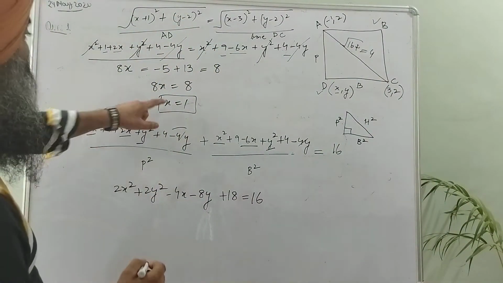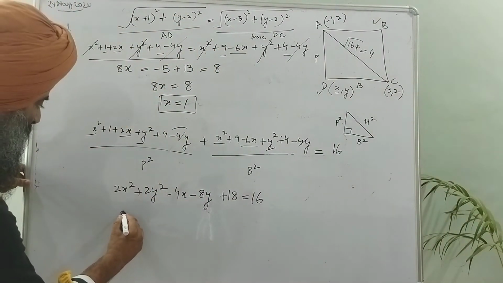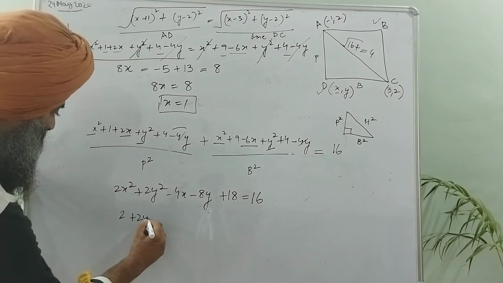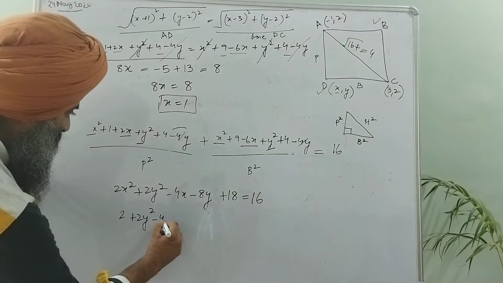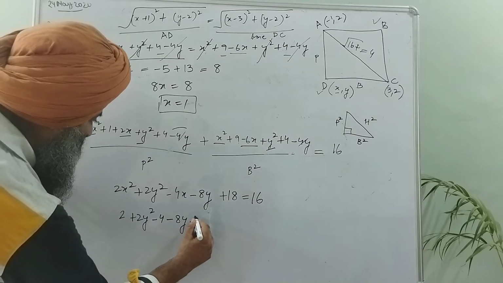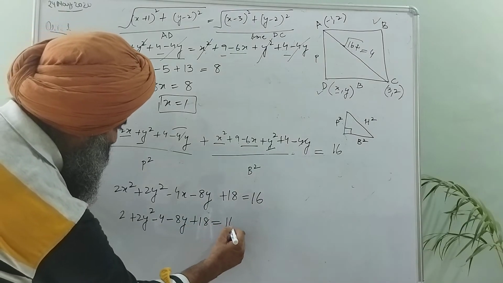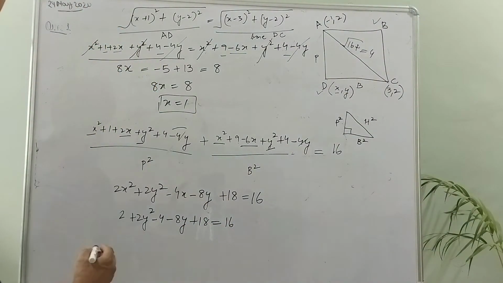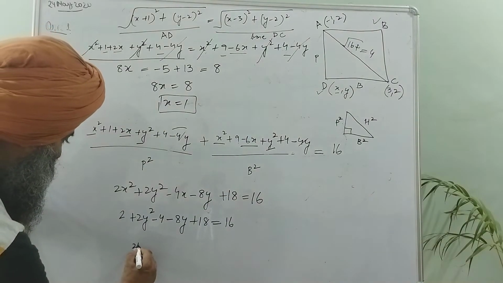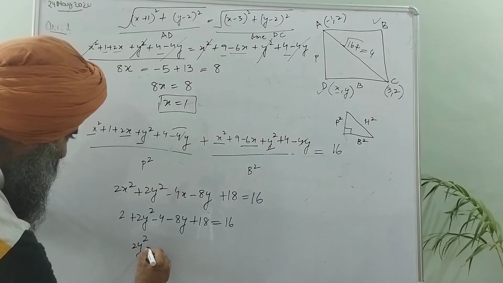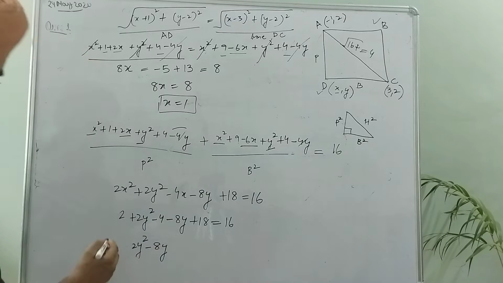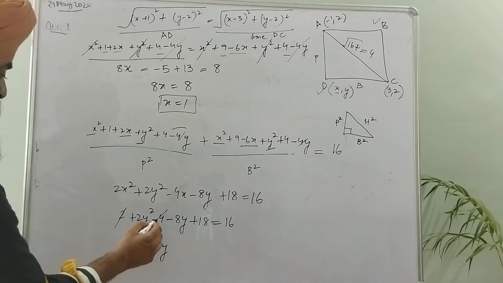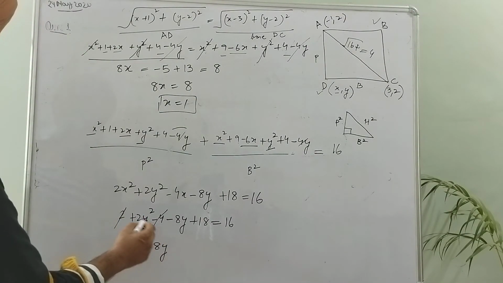Now, put the value of x. X is 1, you will get 2 plus 2y square minus 4 minus 8y plus 18 is equal to 16. Solve it students. So, you get 2y square minus 8y. This is 2 minus 4 is minus 2.